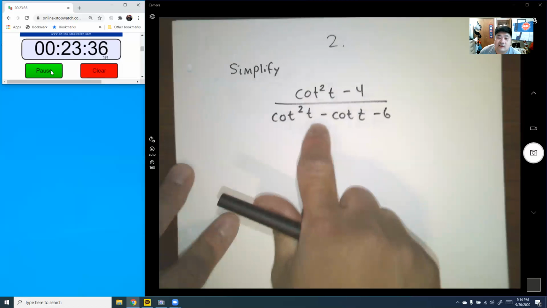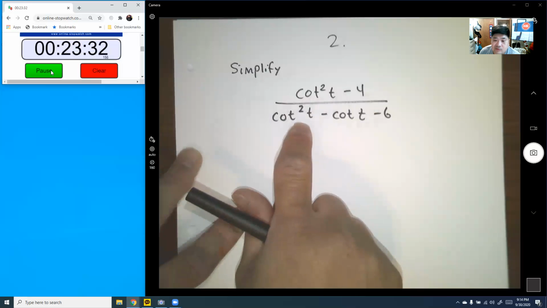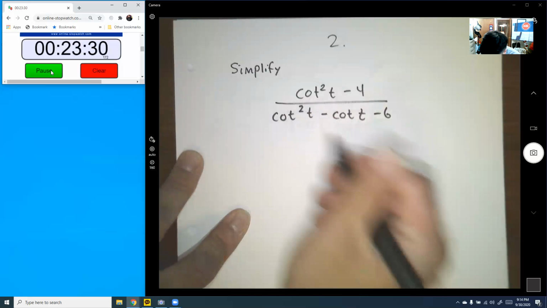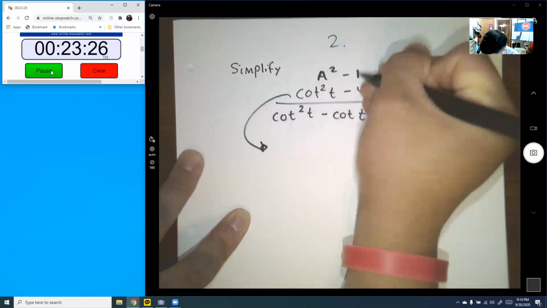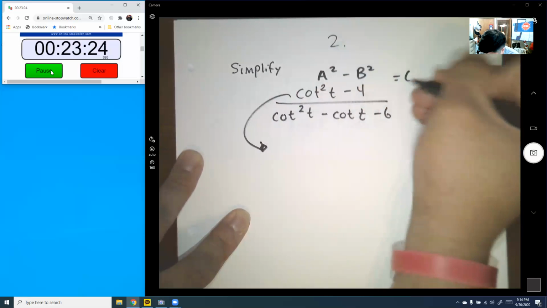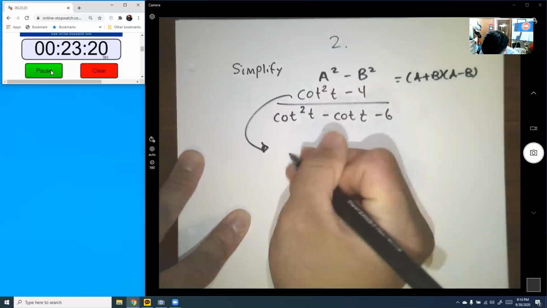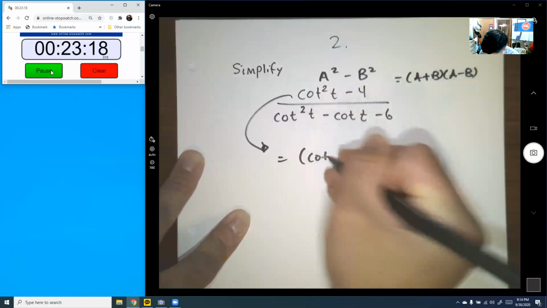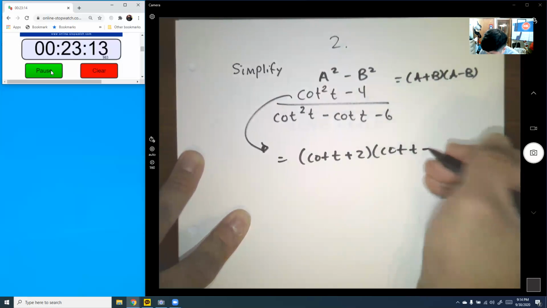Here's cotangent squared t minus 4 over cotangent squared t minus cotangent t minus 6. This numerator is a difference of squares, a squared minus b squared, that's a plus b times a minus b. So the numerator is cotangent of t plus 2 times cotangent of t minus 2.